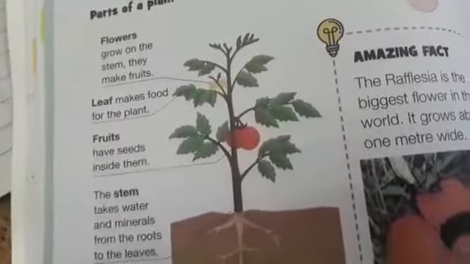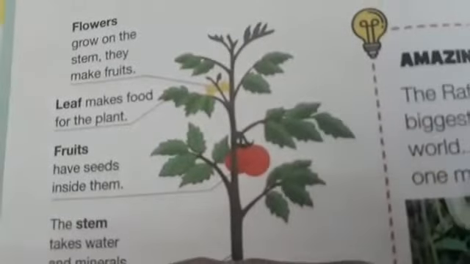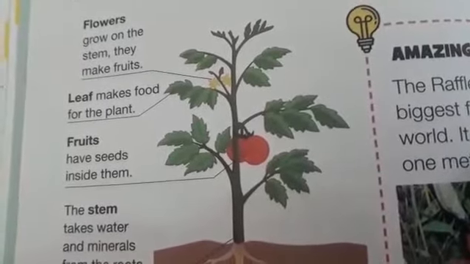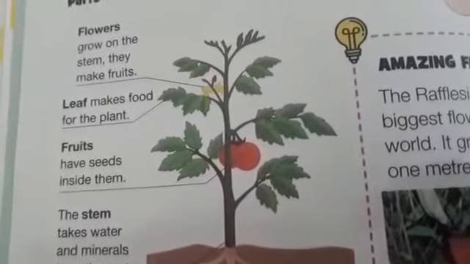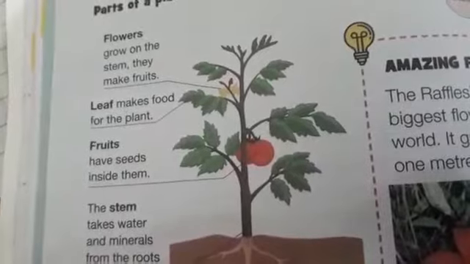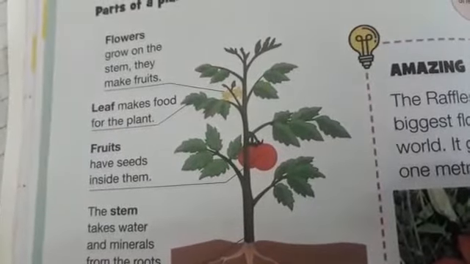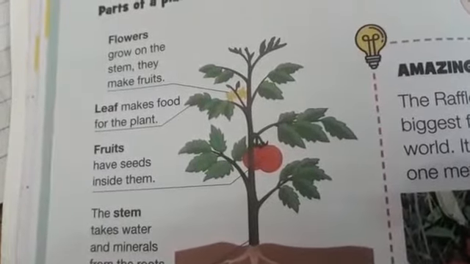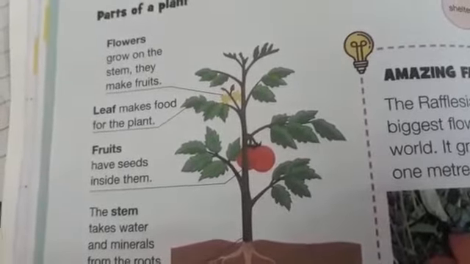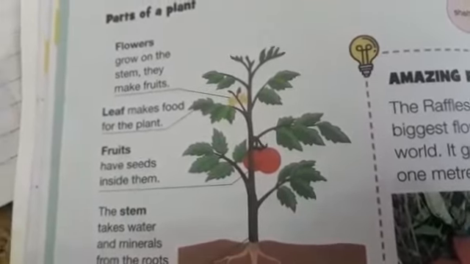Flowers. Where are the flowers in the plant? Can you see? Yellowish, yes. These are the flowers. Flowers grow on the stem. They make fruits. Before fruit, there will be the flower on the plant.